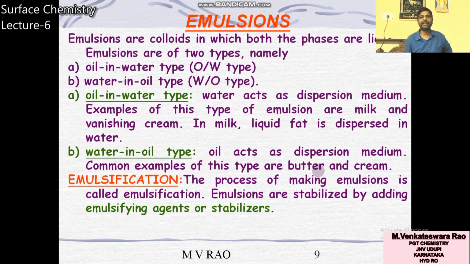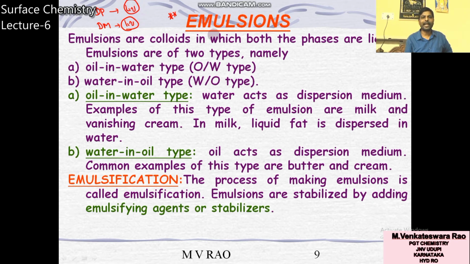Next topic is emulsion. This is not there in our syllabus, but try to listen and understand the concept. Emulsions are colloids in which both the dispersed phase and the dispersion medium are liquids.